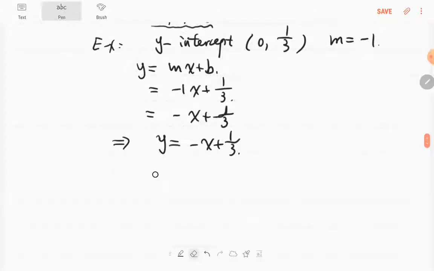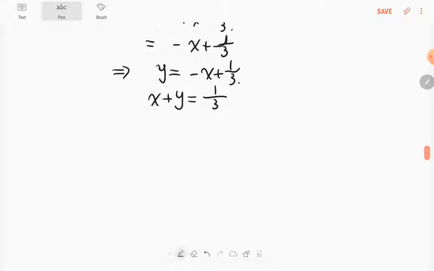It could be like x plus y equals 1 over 3. So this is called a standard form. So make sure you read the question carefully. Sometimes the question asks you to list the slope-intercept form. Sometimes they tell you to list the standard form.